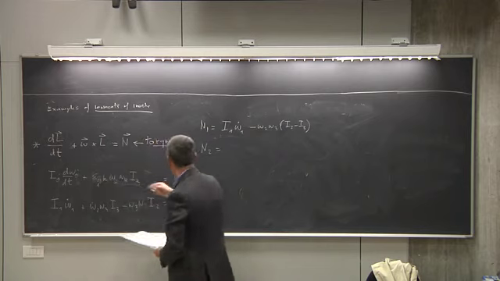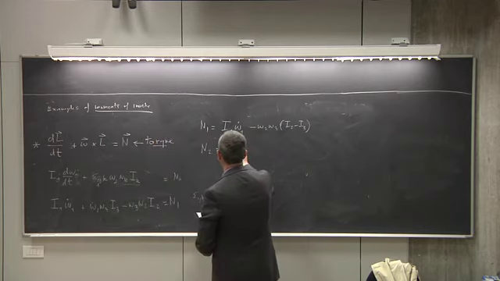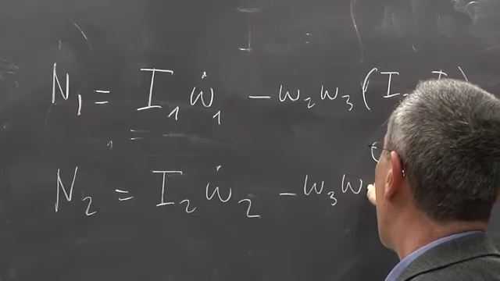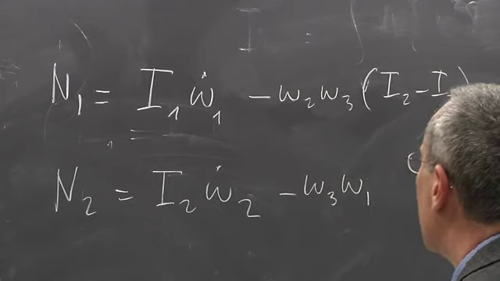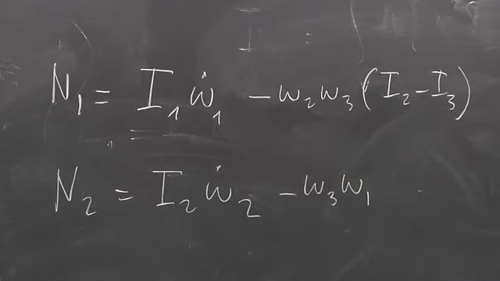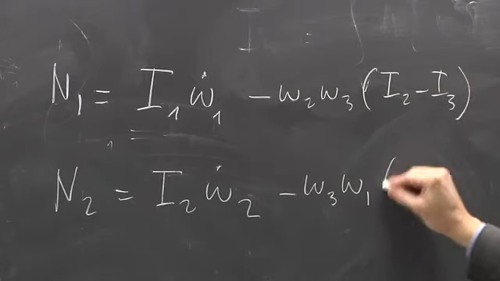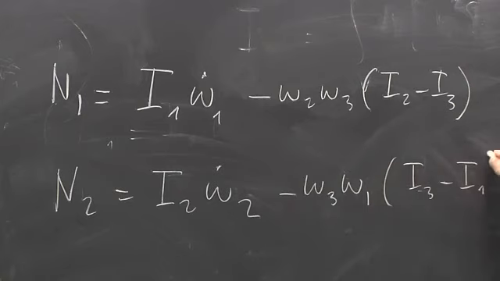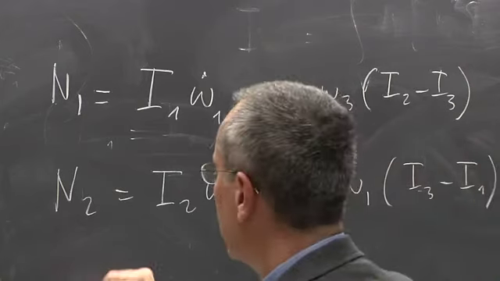It's going to be I2 omega dot 2 minus omega 3 omega 1 (I3 minus I1). And N3, the third component.